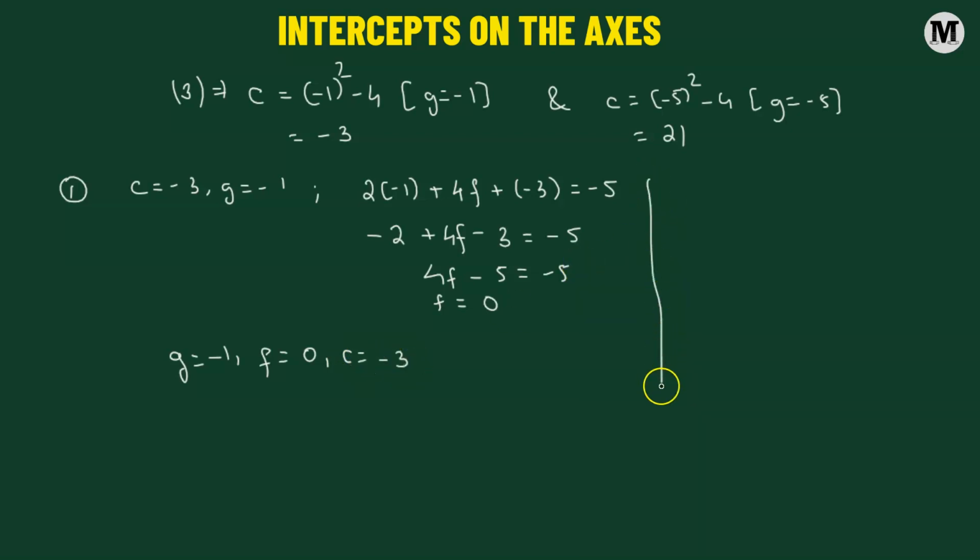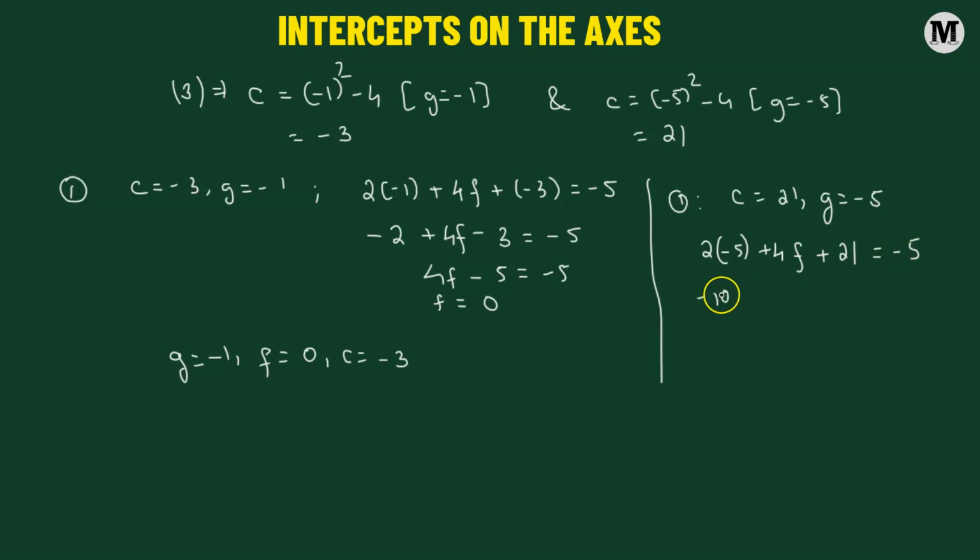Okay, next we'll again use equation number 1, and we will be using c value equals 21, g equals -5. Then equation number 1 will give us 2 times g, so g is -5, plus 4 times f plus c, so c value is 21, and that equals -5.